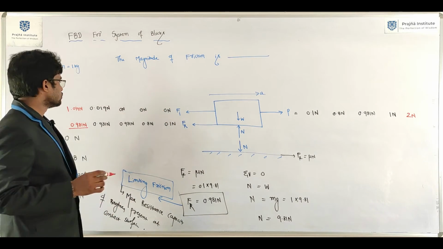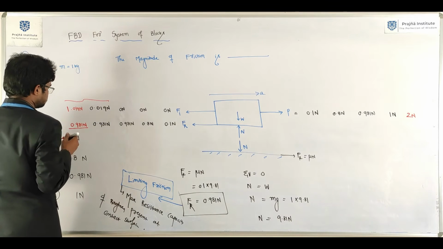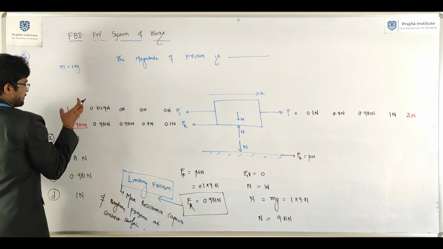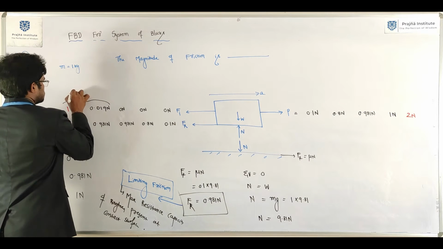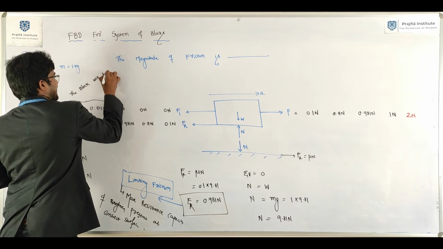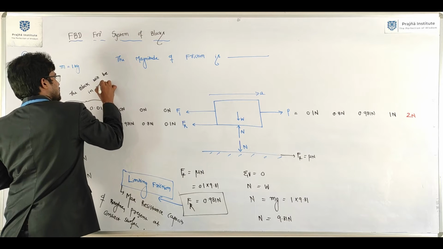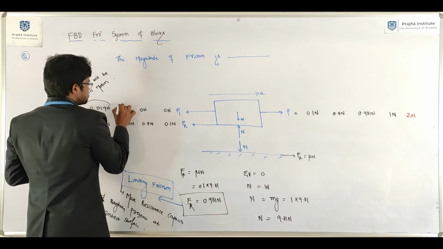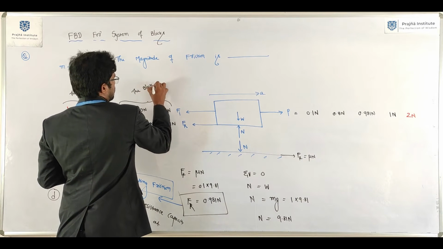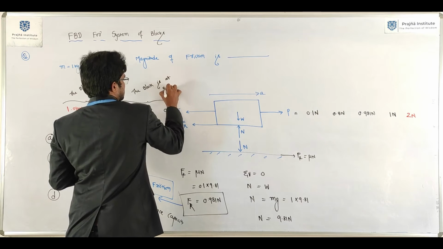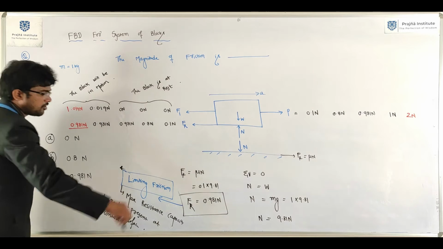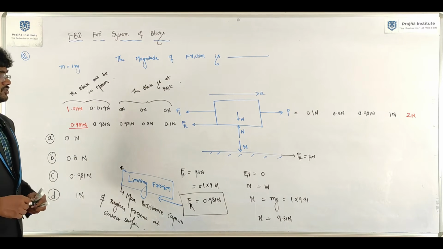Then the block will be in motion. Up to here, the block is at rest. So that is the beauty of the meaning of limiting friction. Hope you understood the meaning.